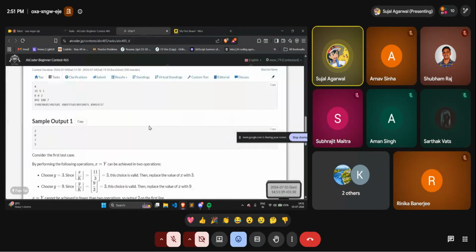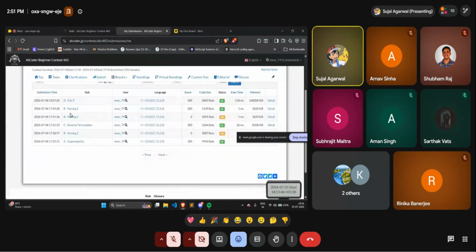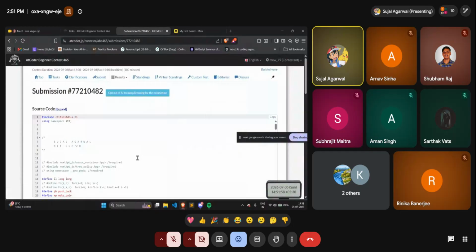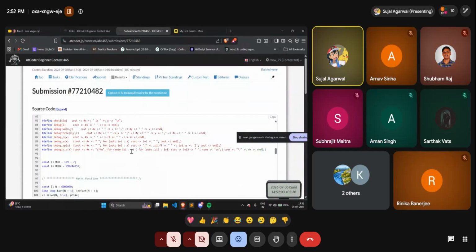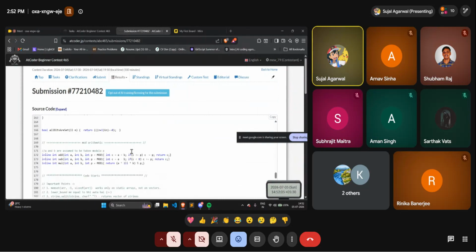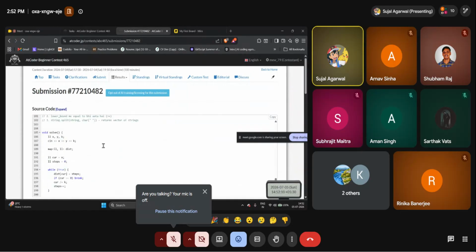So this is how we implement it. If we take up the implementation, we take the input over here, x, y, and k.